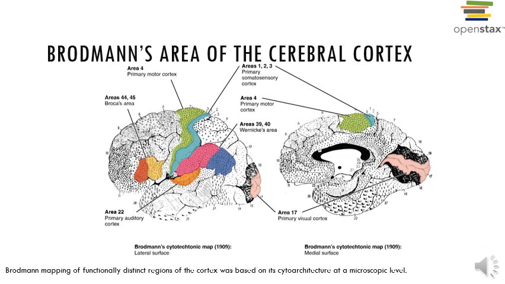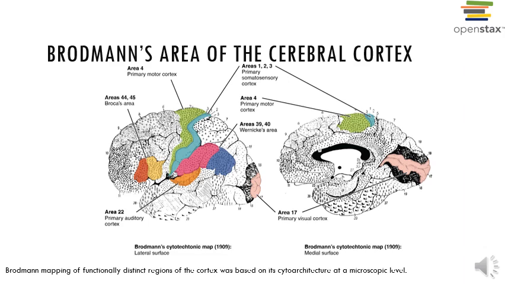And in order to do that, we are going to begin with a very brief discussion about a fellow by the name of Brodmann. Korbinian Brodmann, or more appropriately pronounced Korbinian Brodmann, was a German neurologist. In the early 1900s, he did a very significant amount of work on the anatomical organization of the brain.